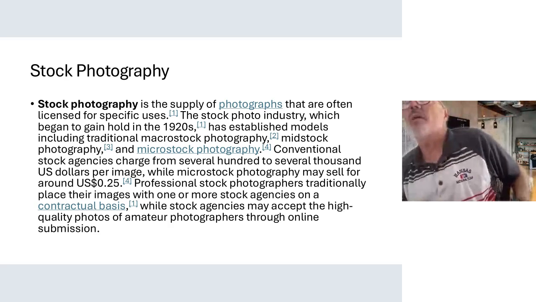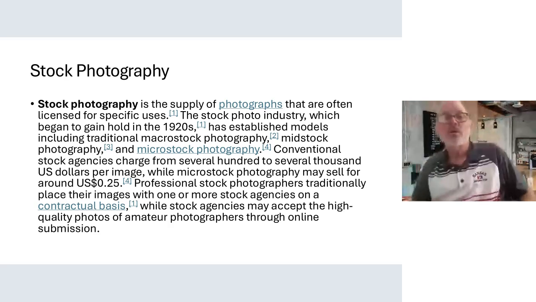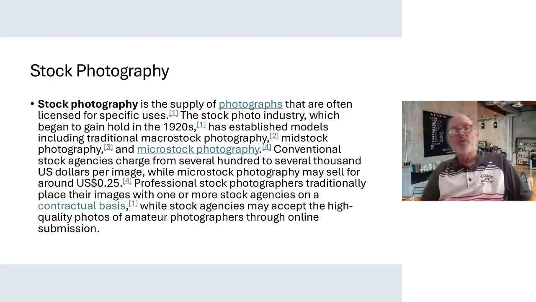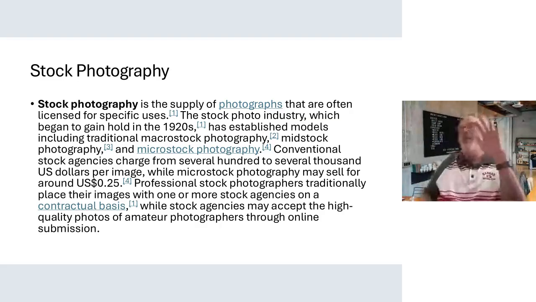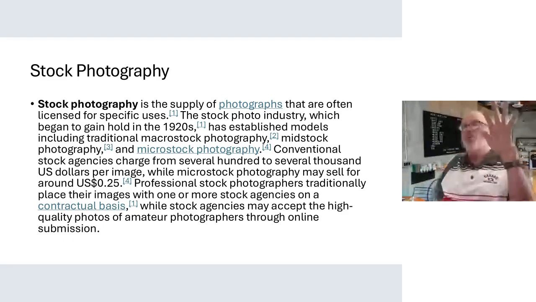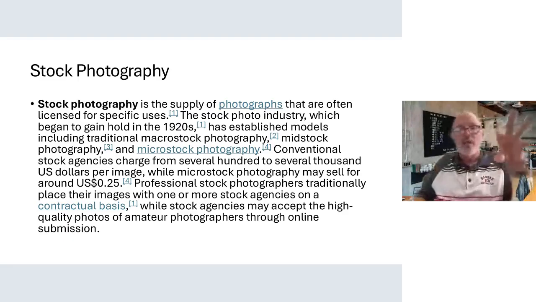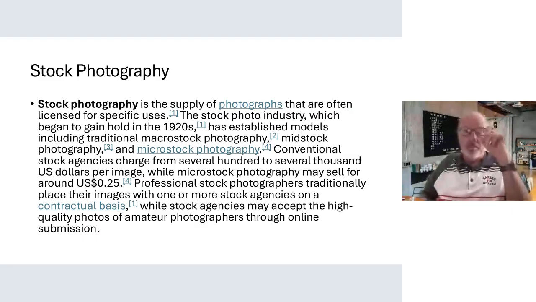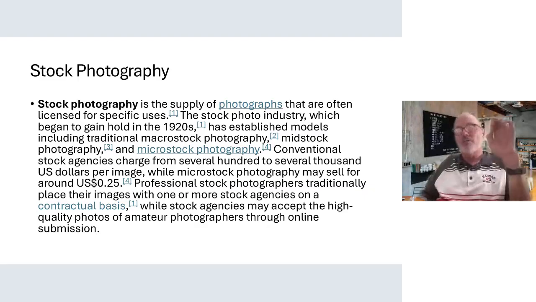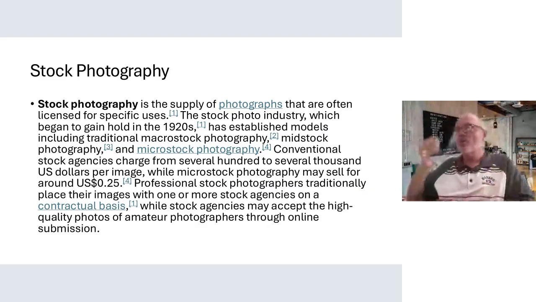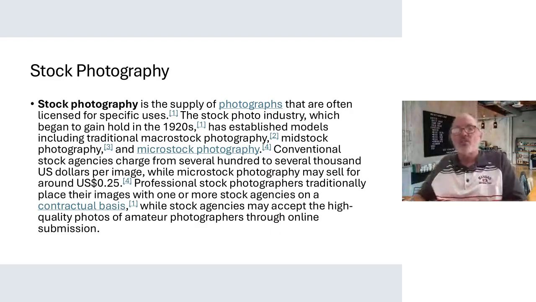So it could be, maybe you're writing a paper for a journal and you want a picture of a political event, or maybe you're talking about a daycare and you want a picture of a daycare or something like that. And so what photographers offer to the business world is called stock photography. It's a supply of photographs that are often licensed for special uses.